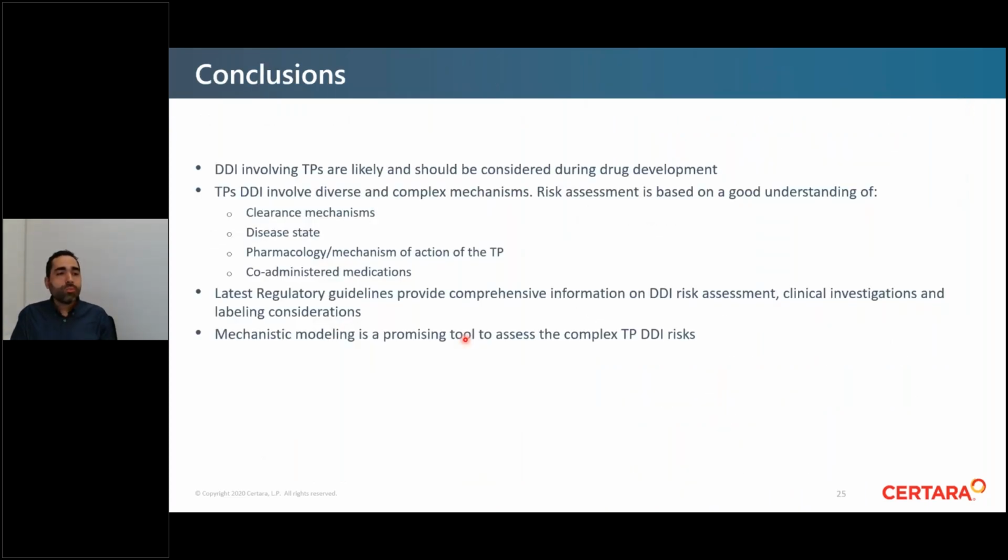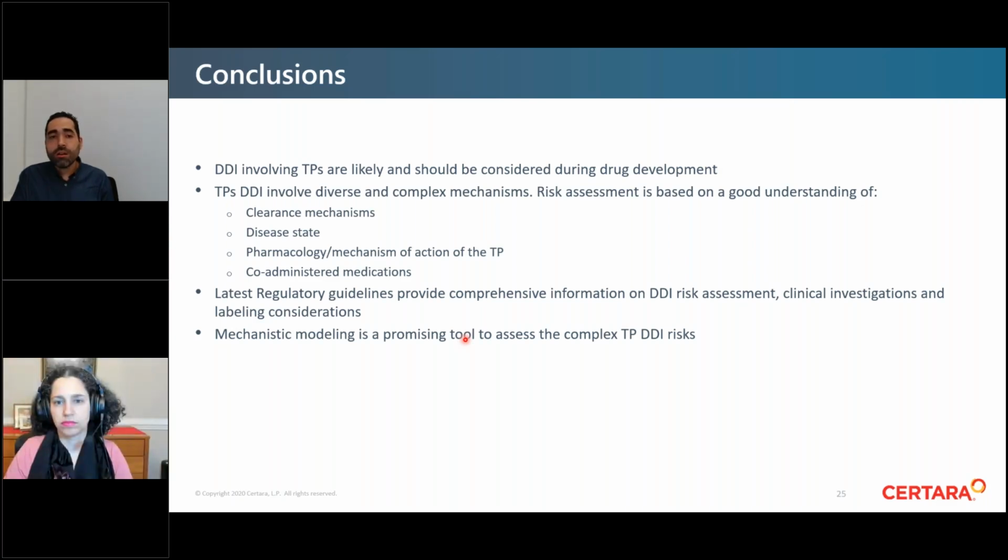Now to conclude this webinar, you saw that the drug-drug interactions involving therapeutic proteins are likely and should be considered during drug development. This is something you need to do for every therapeutic protein development. The DDI for therapeutic proteins involve diverse and complex mechanisms of action.